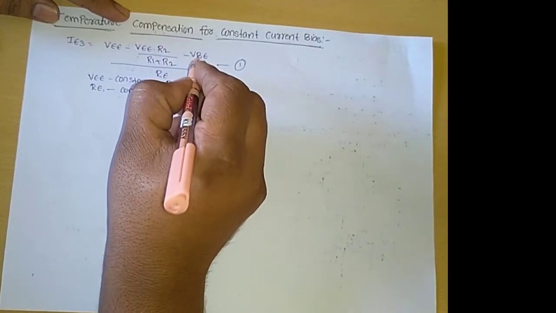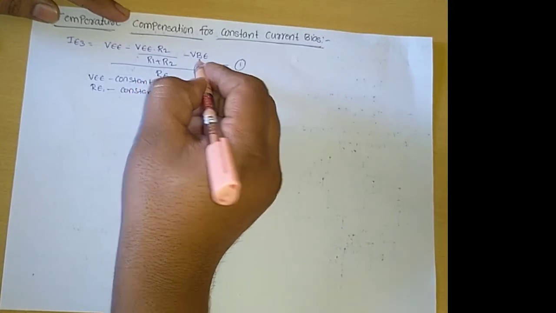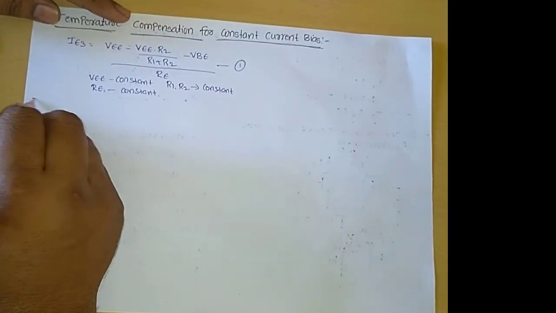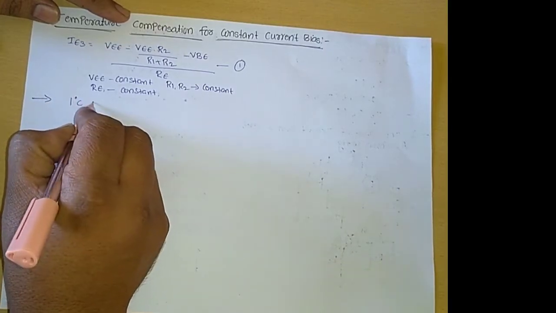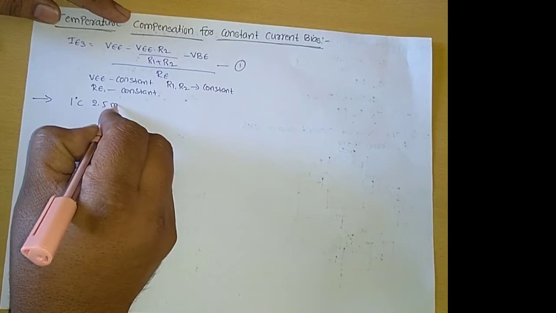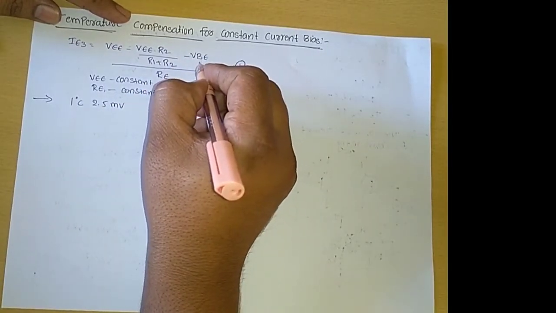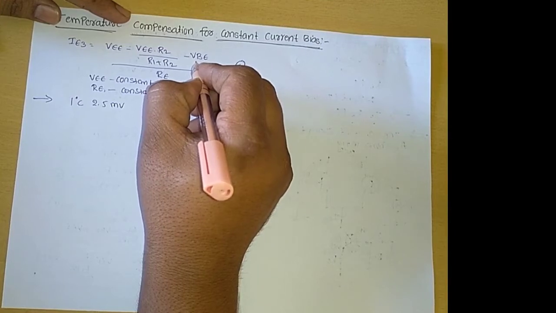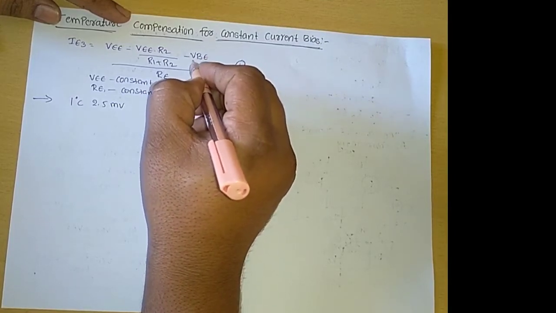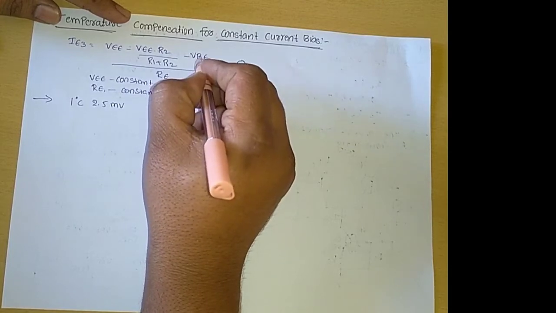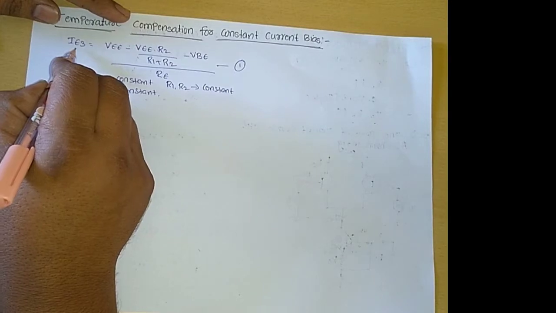It means the VBE voltage depends on temperature. For 1 degree centigrade, the VBE value changes by 2.5 millivolts. So the VBE voltage changes with temperature, and when VBE changes, the emitter current IE3 changes.